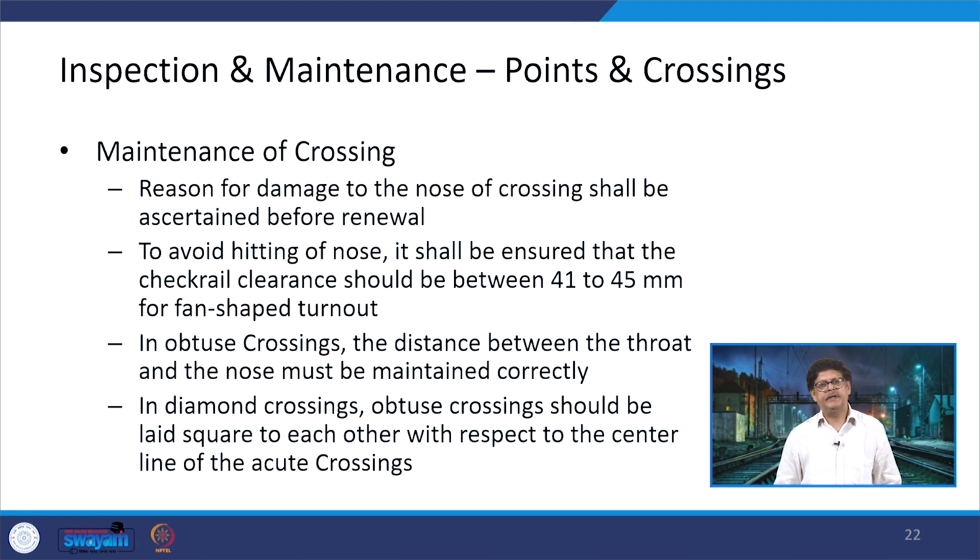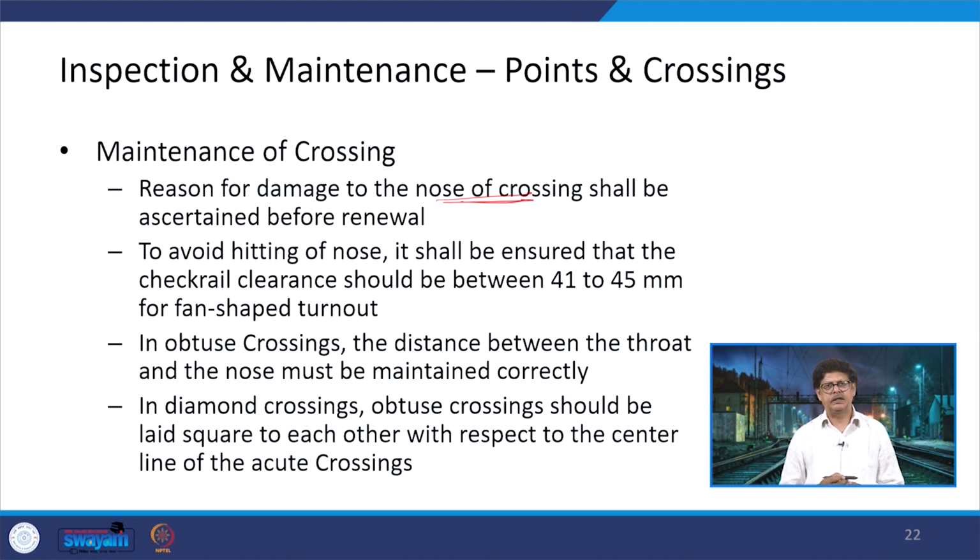Now, talking about the maintenance of the crossing side, the reason for damage to the nose of the crossing needs to be first of all identified before we go for a renewal. Without identifying that, if we renew, we may find that damage is occurring again and again.